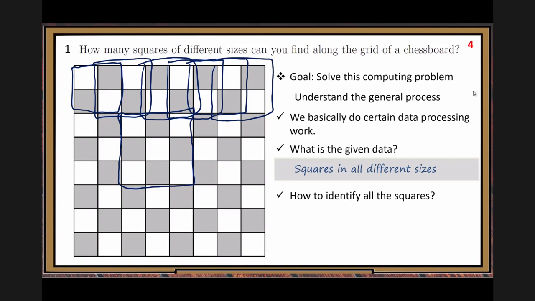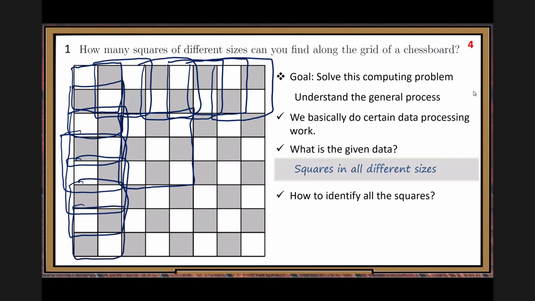Vertical, from top to bottom. All possible 2 by 2 squares vertically.